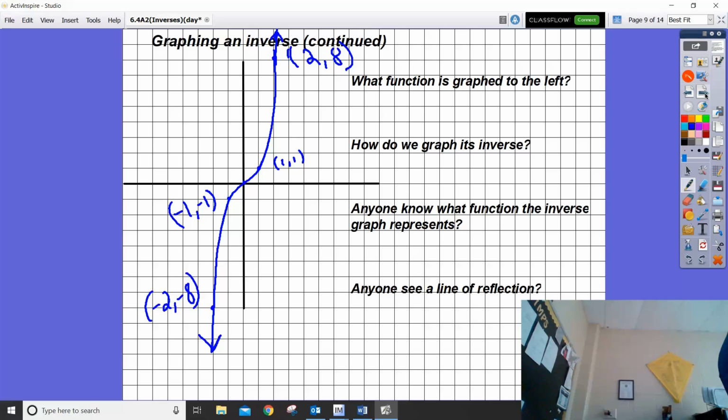All right. Another one of these, graphing an inverse continued. Anybody know what function this is? You graphed it in here. Starts low, ends high.